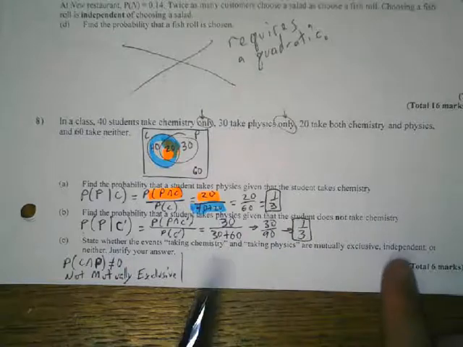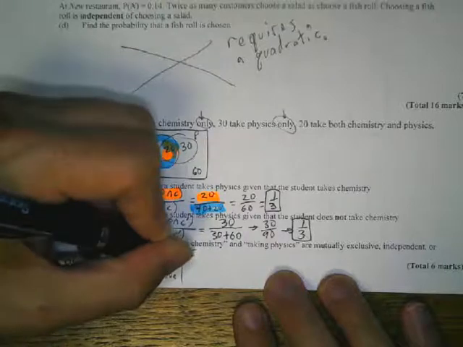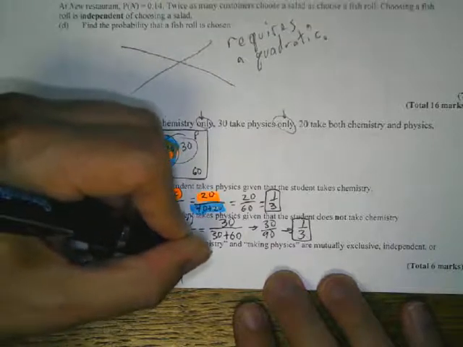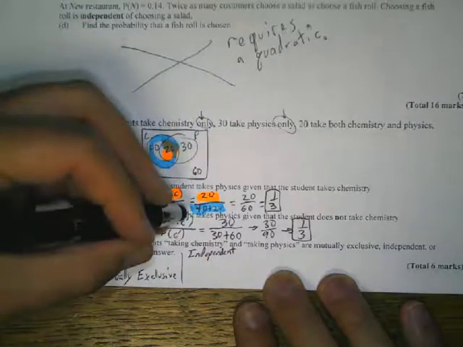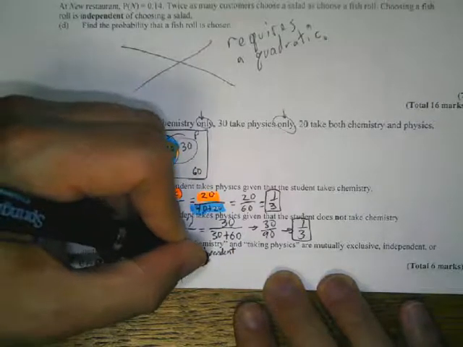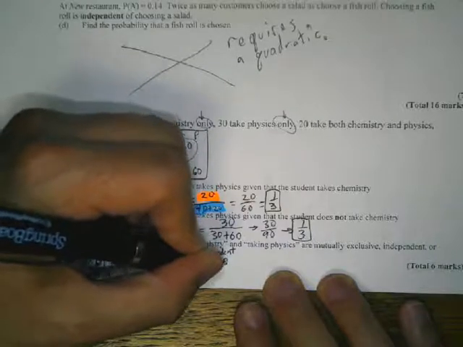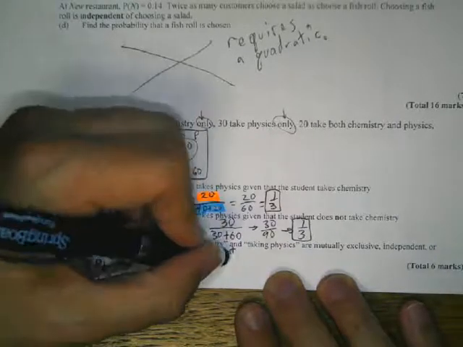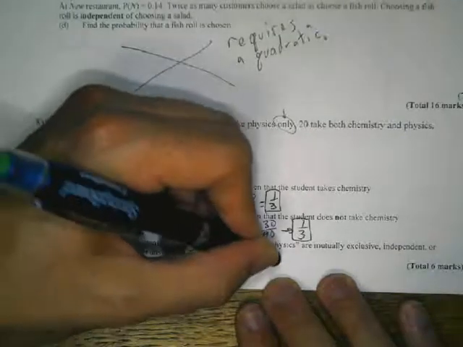Okay, let's see if they're independent. For independent, is the probability of the intersection equal to the probability of C times the probability of P?